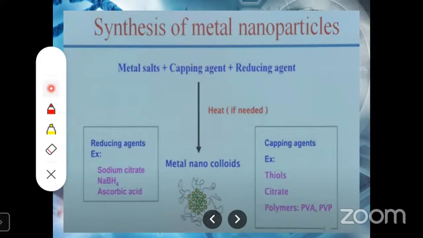So what happens here is that the reducing agent will reduce your metal salt into metal nanoparticles, but these metal nanoparticles are highly unstable.